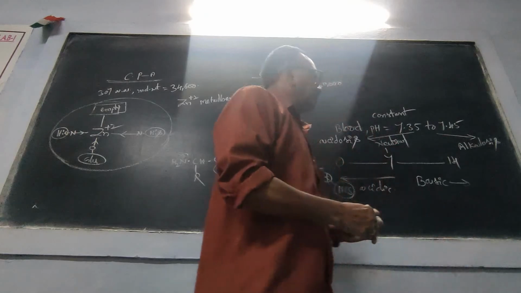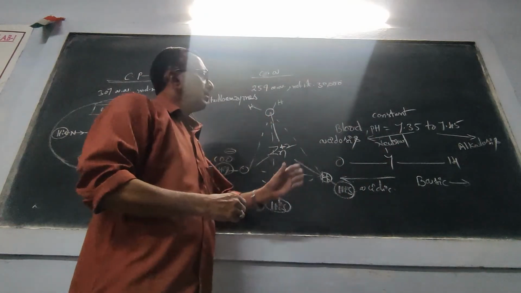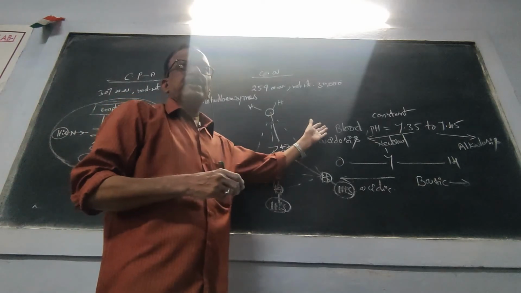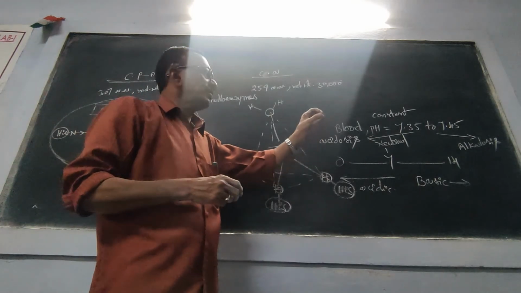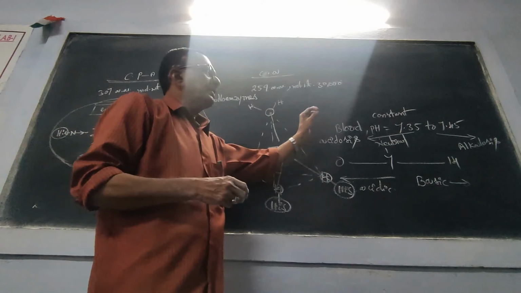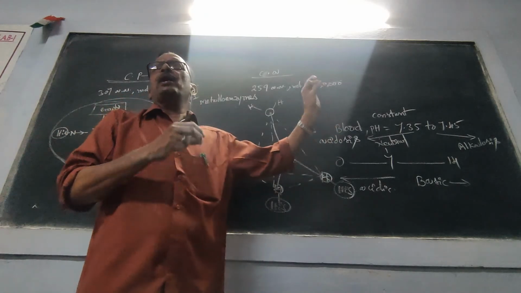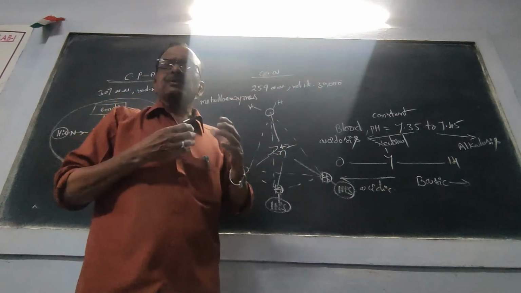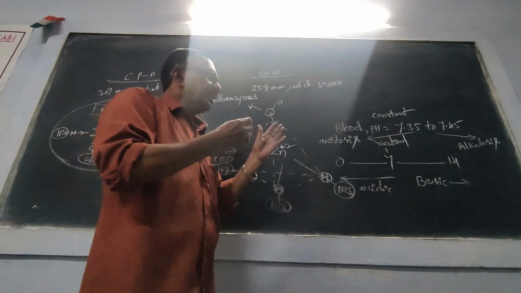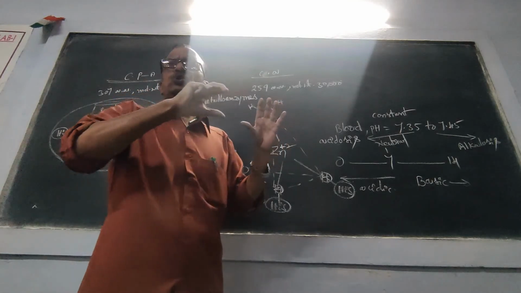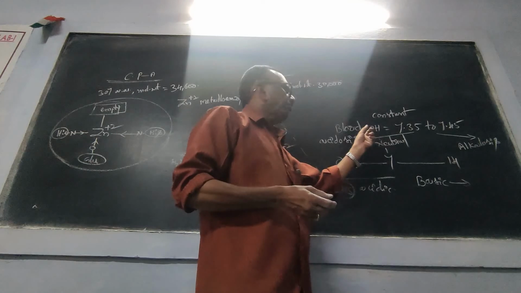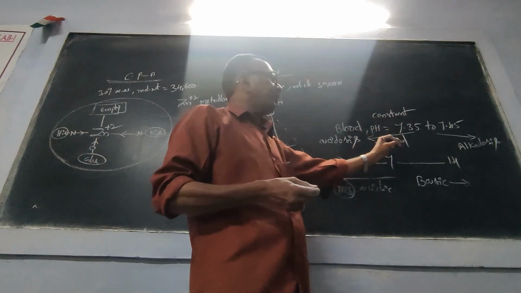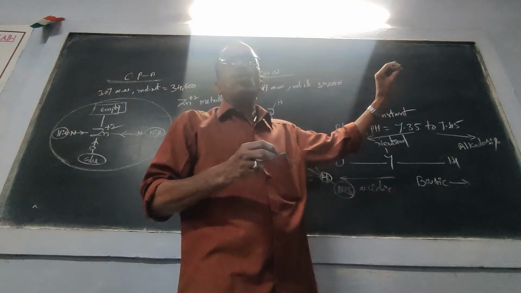So alkalosis and acidosis are both defects, and they will damage the blood. That means the pH must be maintained constant between 7.35 to 7.45 for carrying out all the biological activities. If they want to go in a smooth way, the pH of blood must be 7.35 to 7.45 only.